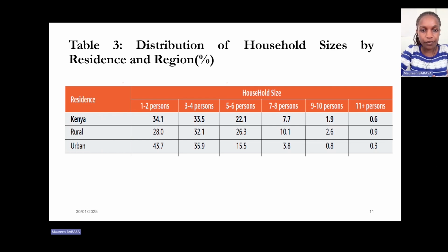So from this, we can conclude that the most dominant household size in Kenya is 1 to 2 people, and we'll see how that's important in our future slides.